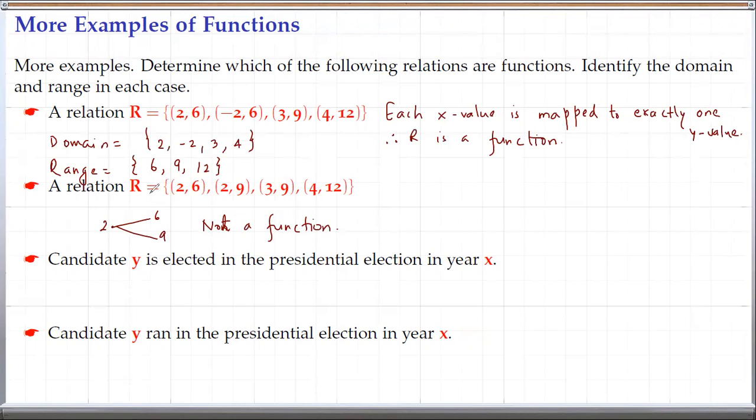So the second relation is not a function because 2 is being mapped to two values, 6 and 9. We can still write down the domain and range of this relation. So the domain is all x values, 2, 3, and 4. And the range is all y values, 6, 9, and 12.